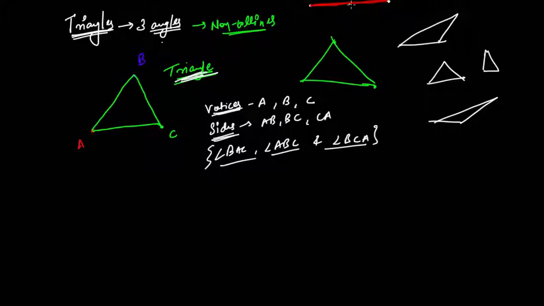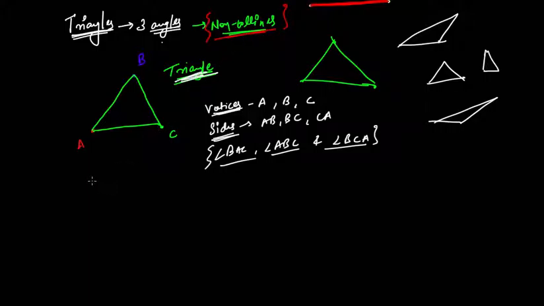I can never get a triangle because in a triangle I should have 3 vertices and 3 sides. But how many sides are there? Just a single line, right? So this will never ever be a triangle. So in order to form a triangle, you always require 3 non-collinear points.